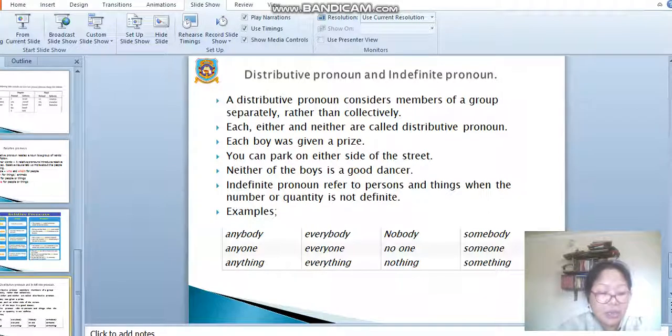Then brain twister number 2, fill in the blanks with demonstrative pronouns. And then in the activity zone, I gave exercise B and exercise D as homework. I will share the answer keys in the Google Classroom. Please cross check your answers. If you have made any mistakes, please correct them.